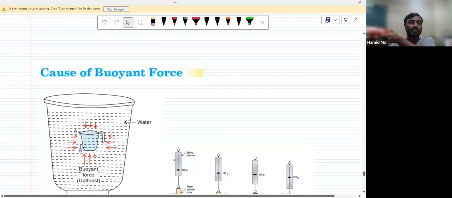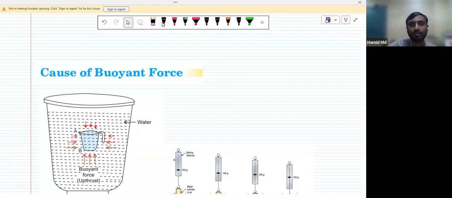Okay, so when you press it down, when it is around the water surface, it is tough to put it down. That's the maximum thrust, the upward force, you will feel.